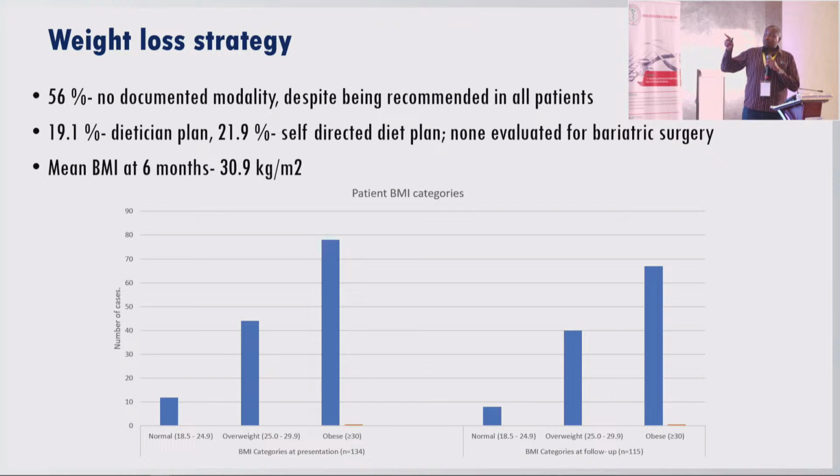Most of the patients chose a self-directed diet plan at 21%. 19% did a formal dietitian plan. And the results of that were rather disappointing, because the two graphs are almost similar, with a mean BMI at 6 months of 30.9. And this is 6 months apart.